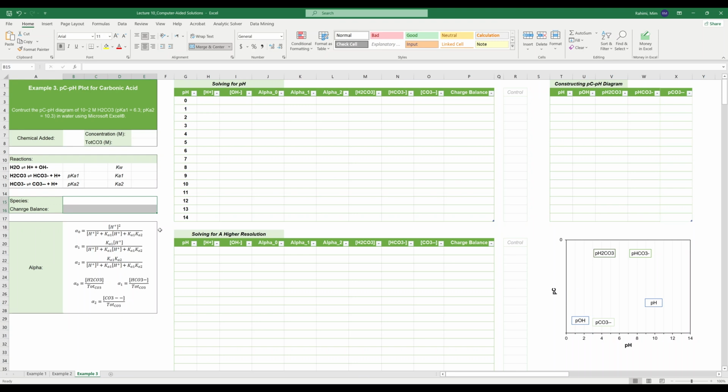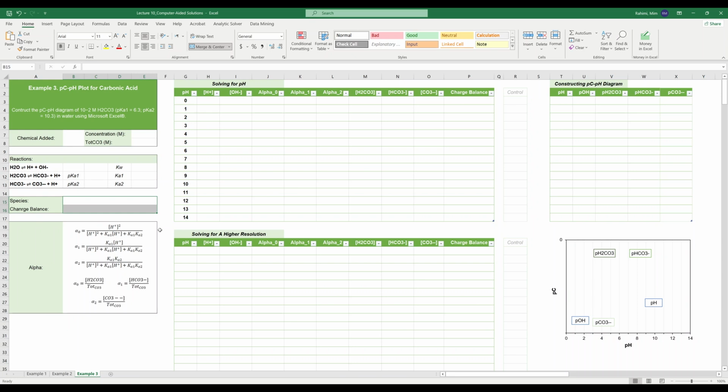The other difference here is that we are not only looking at pH, but also at the PC-pH diagram. This example is basically the same as the last example of the previous lecture.